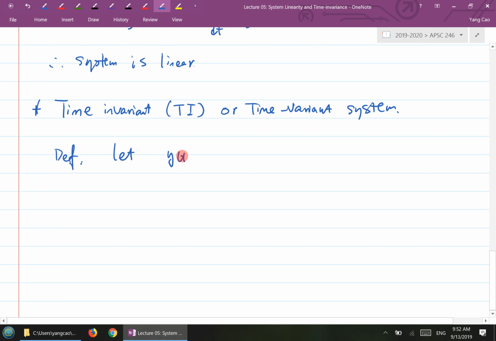As usual, we will have our regular system whose input is x of t, and the system is represented by operator m, and the output is y of t.